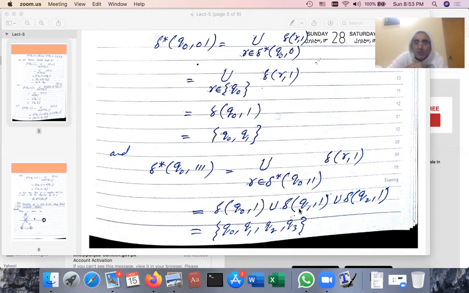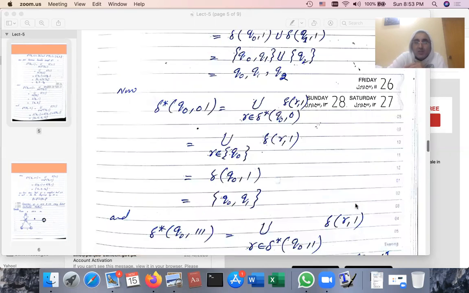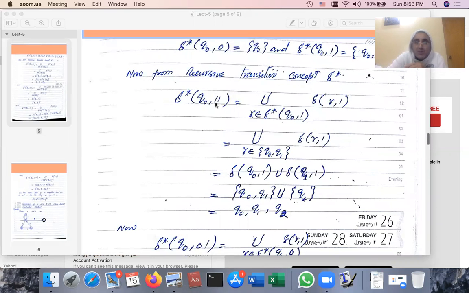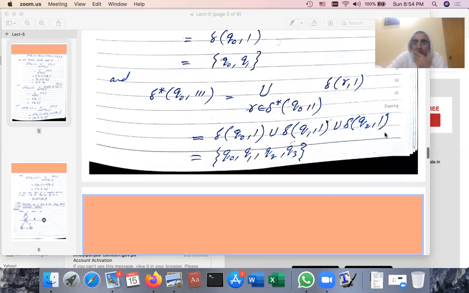These Q0, Q1, and Q2 I am getting from the example of Q0 with 1 1. And from Q0, after applying 1, I know that I can reach Q0 and Q1. So you can write all those things and then sum it up.